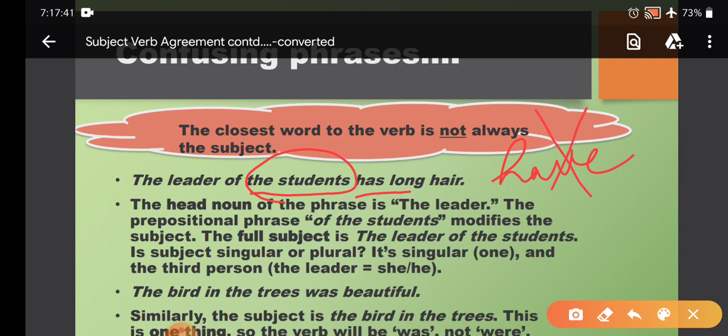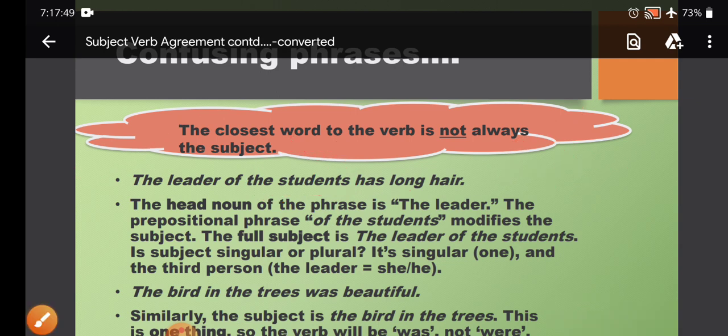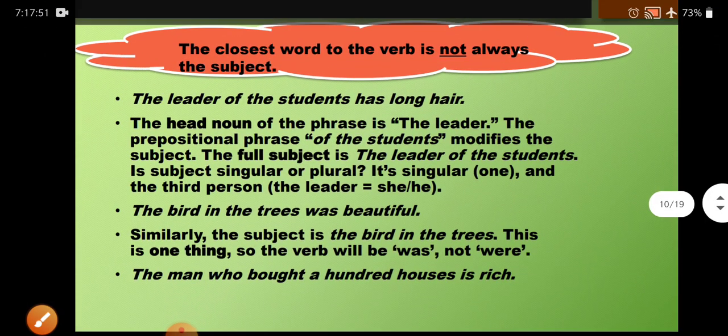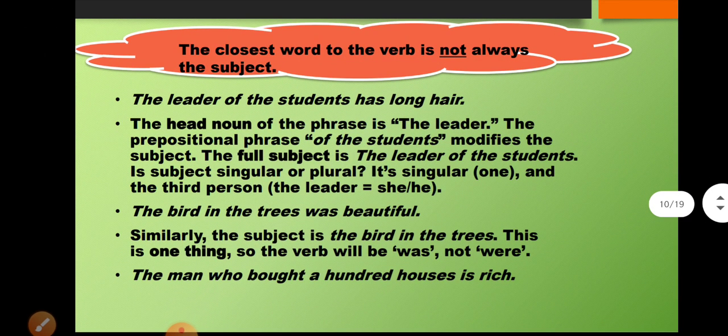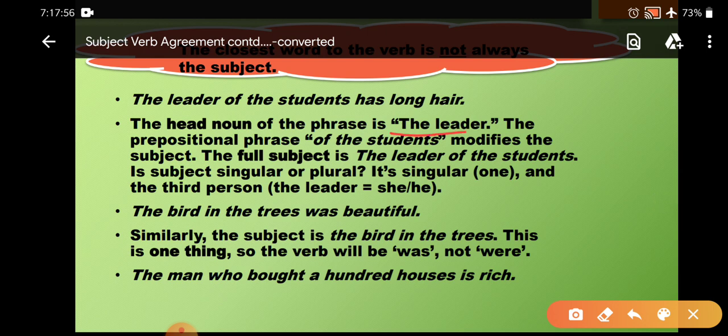So the use of have here is wrong, because we are not talking of students, we are talking about the leader. So the head noun is the leader, and of the students is just a modifying prepositional phrase. So it's singular.